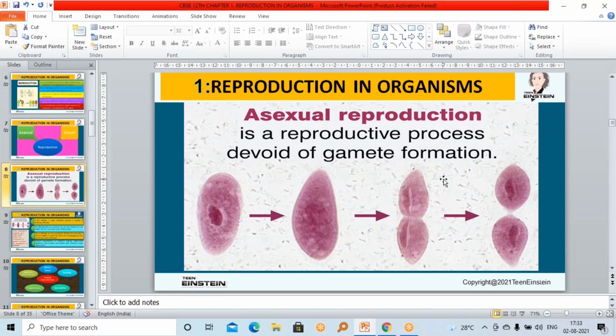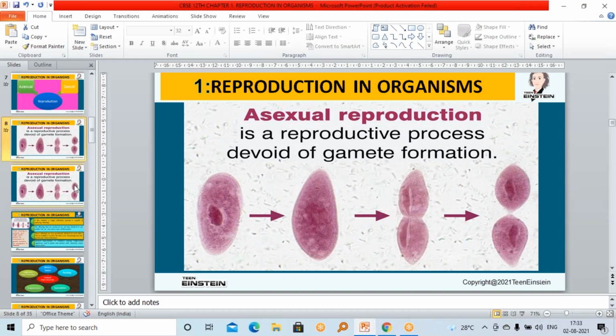Asexual reproduction is the mode of reproduction in which a new individual is developed without the formation of gametes or without the fusion of gametes. In that, the new individual is developed from a single parent. Okay? So asexual reproduction, what is that? There is no gamete formation.